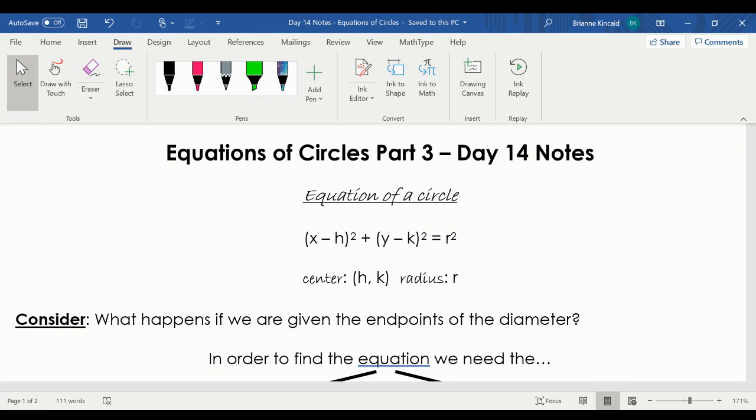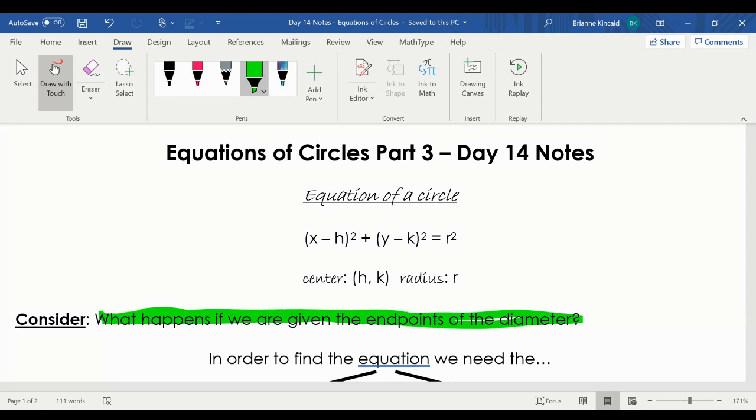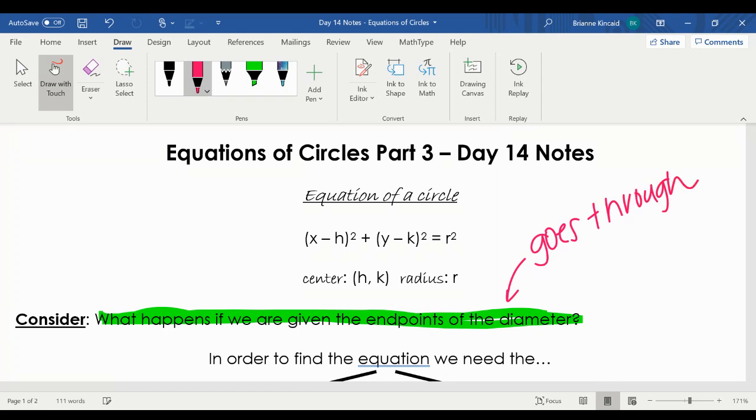The new thing we're going to talk about today is what happens if we are given the endpoints of the diameter. If you remember, the diameter goes through the center and has endpoints on the circle.